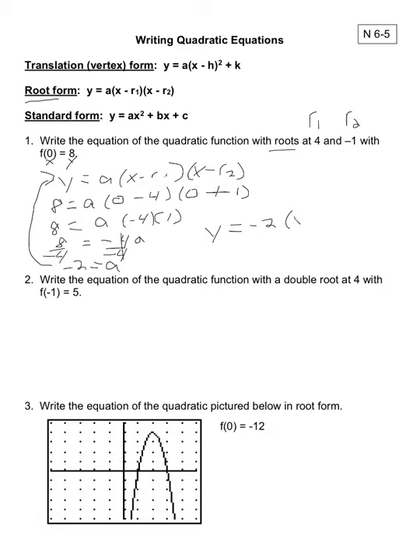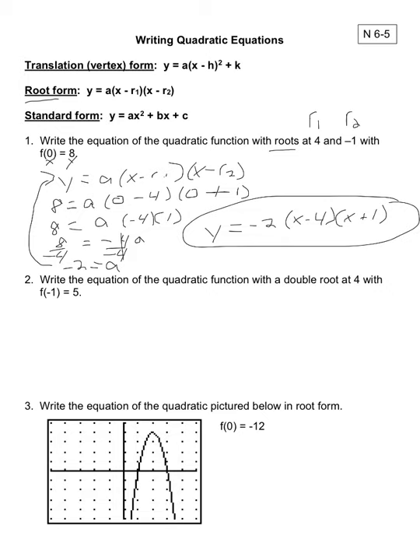Parentheses, put my x back in, minus r1, which was 4. X back in, minus r2, which is a negative 1, so that makes this a minus, which is a plus 1. And that is my equation.